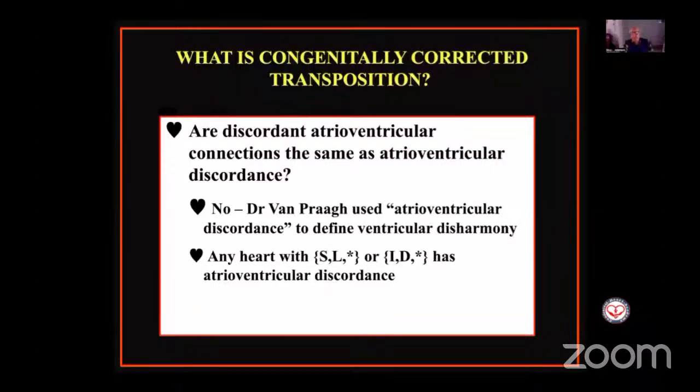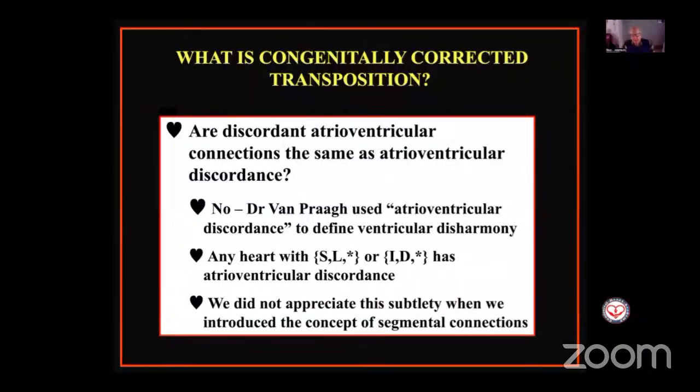So Dr. van Praagh noticed that in congenitally corrected transposition, we have SL rather than SD, and in the mirror image variant, we have ID rather than IL. But Dr. van Praagh also noted that these could be found with double inlet ventricle or with tricuspid or mitral atresia. So in his original approach, any heart with SL or ID has atrioventricular discordance.